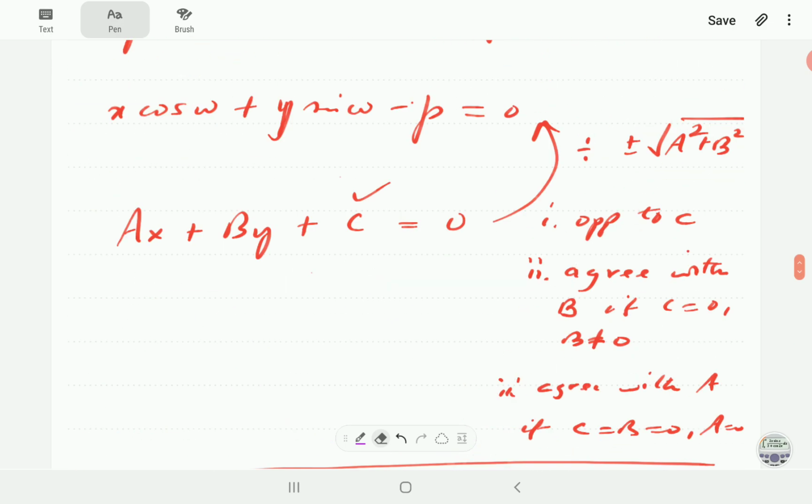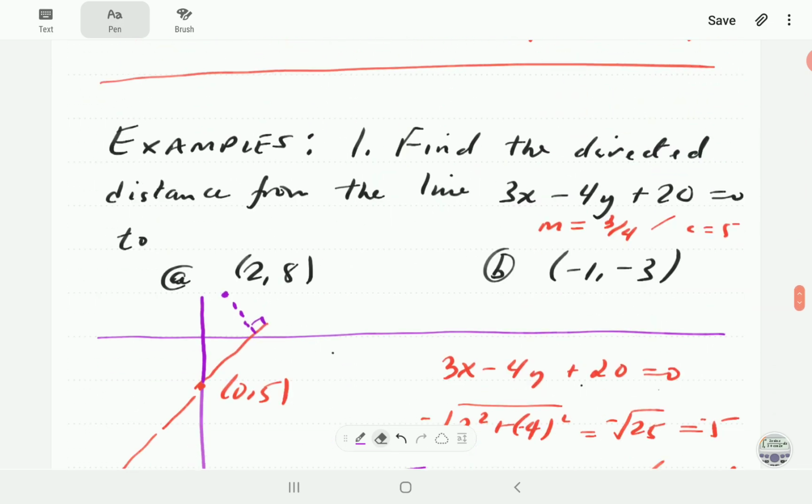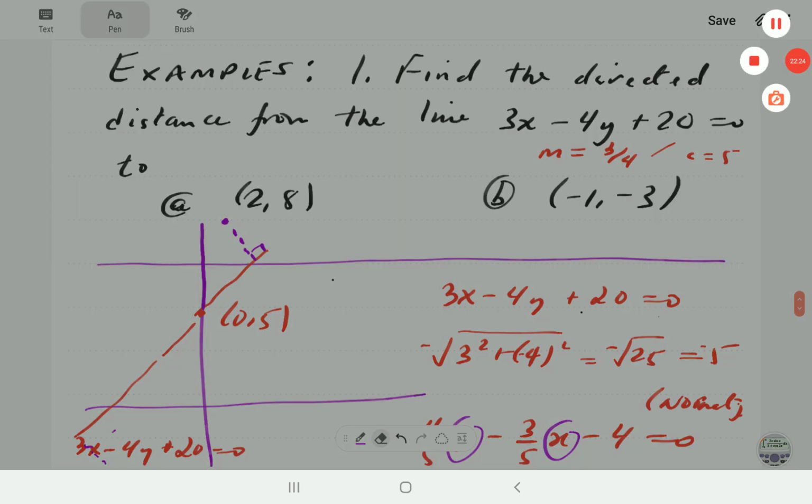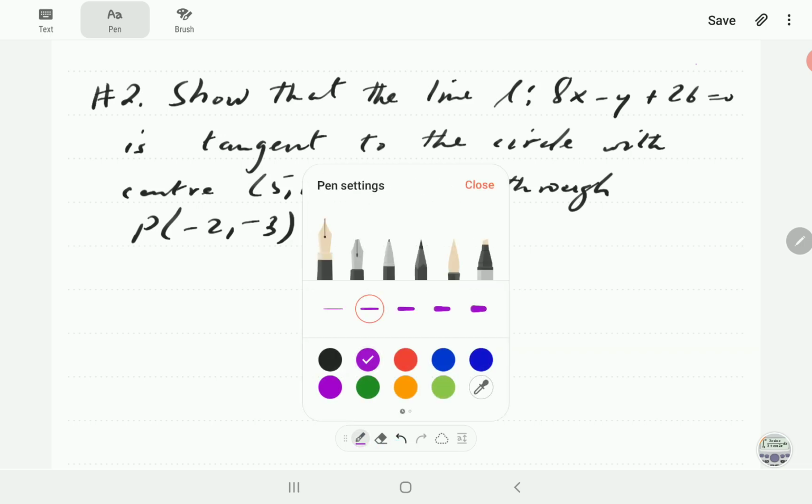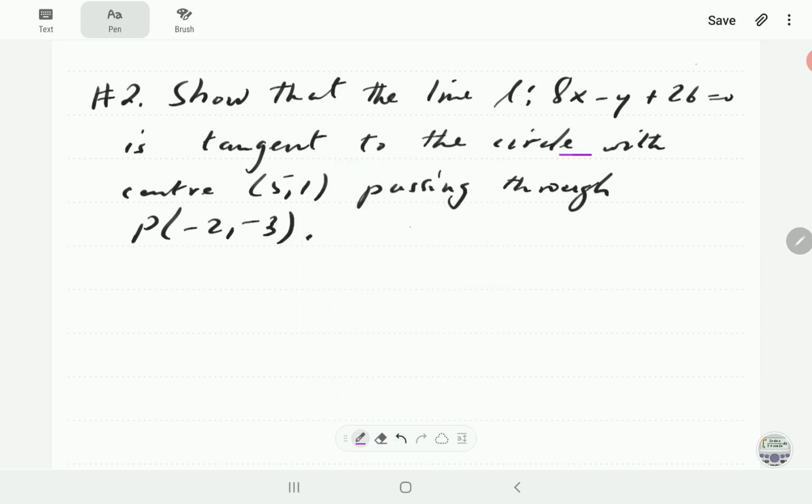Okay, so let's look at another example. This time I want to show that the line 8x minus y plus 26 is tangent to the circle with center at 5, 1, passing through minus 2, minus 3.